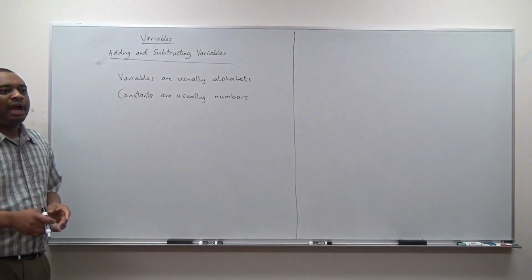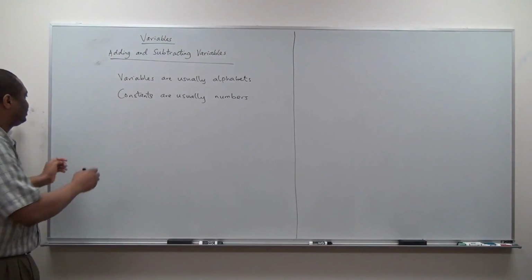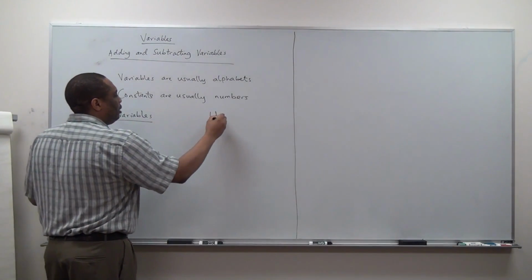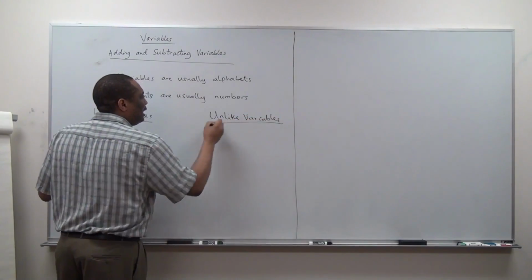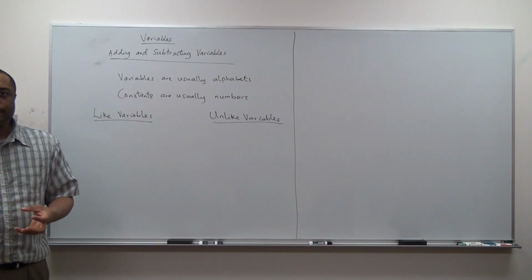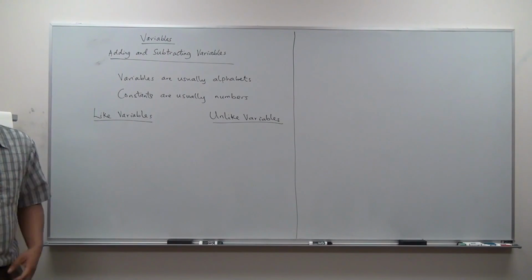Under variables, we have what we call like variables and unlike variables. Like variables are variables that are of the same type. Unlike variables are variables that are of different type.